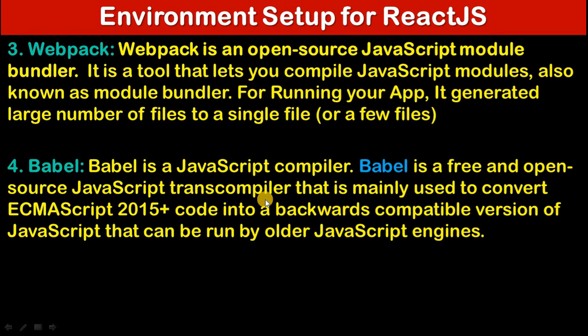There are many compilers, but Babel is very popular. So Babel is used for compiling in React. You should know these four things, and you should have these four things for React and nothing else.